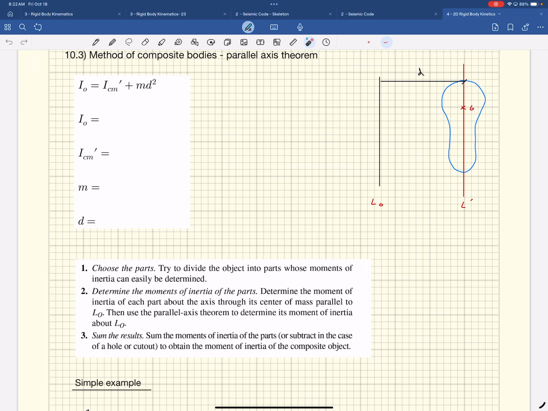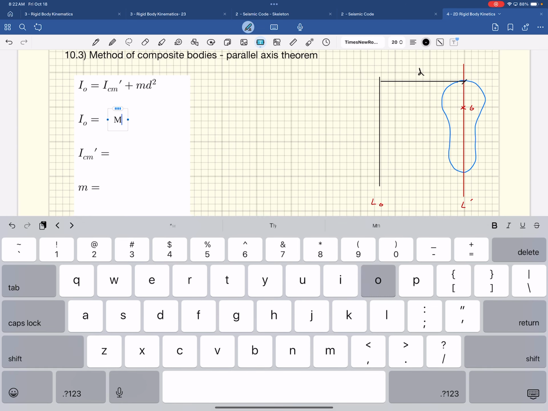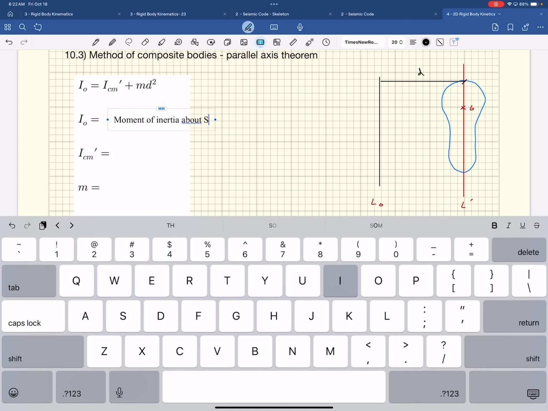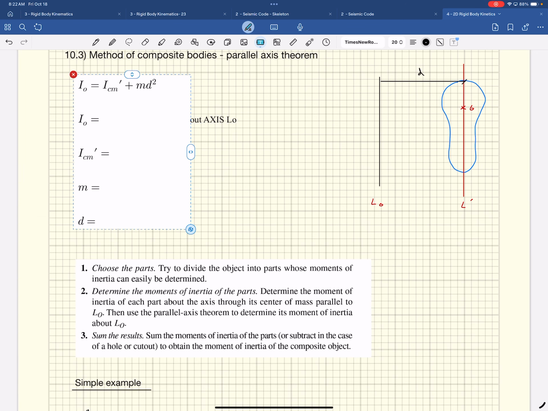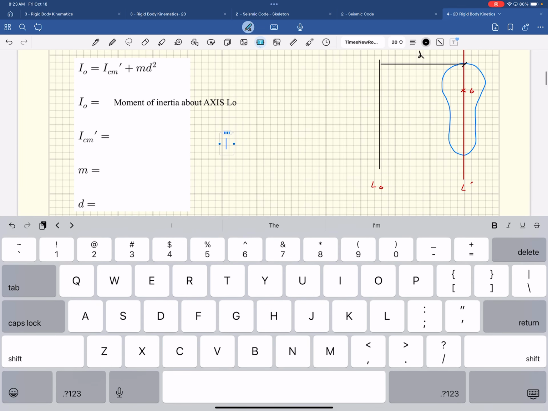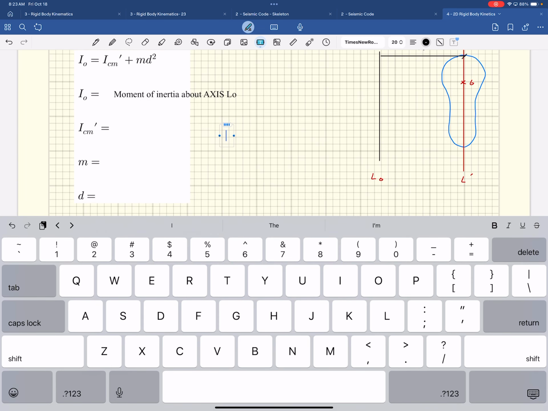Okay, so I_O is the moment of inertia about the O axis. This is the I center of mass. The prime to denote this is a little redundant, right?